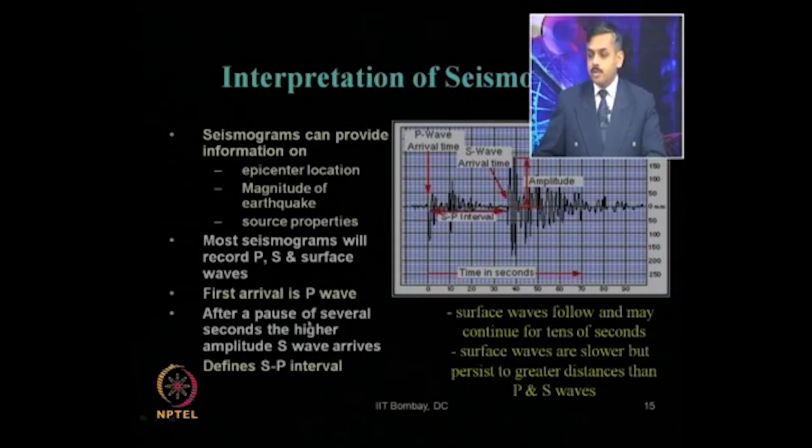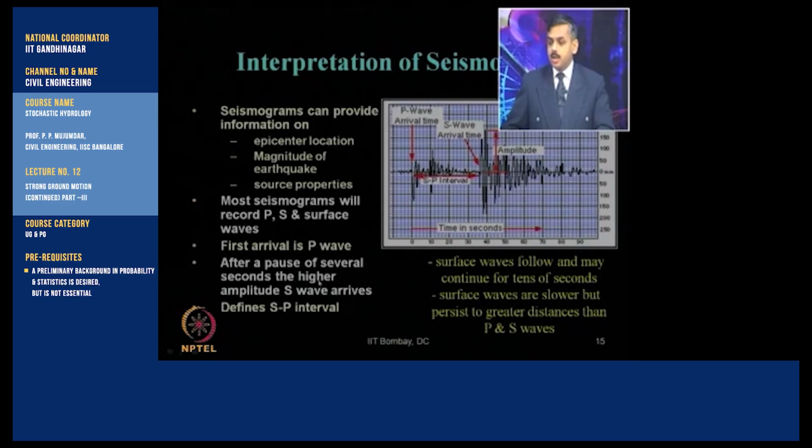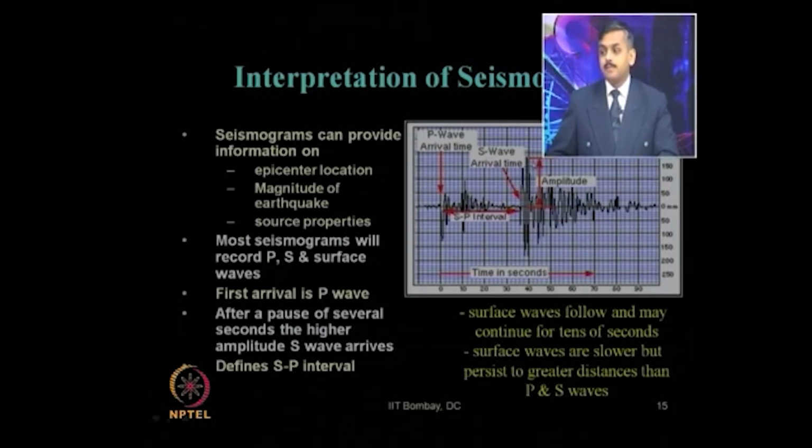Then, after a pause of several seconds, the higher amplitude S wave will arrive. Amplitude wise, if we see from this seismogram, the P wave amplitude and S wave amplitude are much different. The S wave amplitude will be much higher, and compared to that, even the surface wave amplitude will be higher.